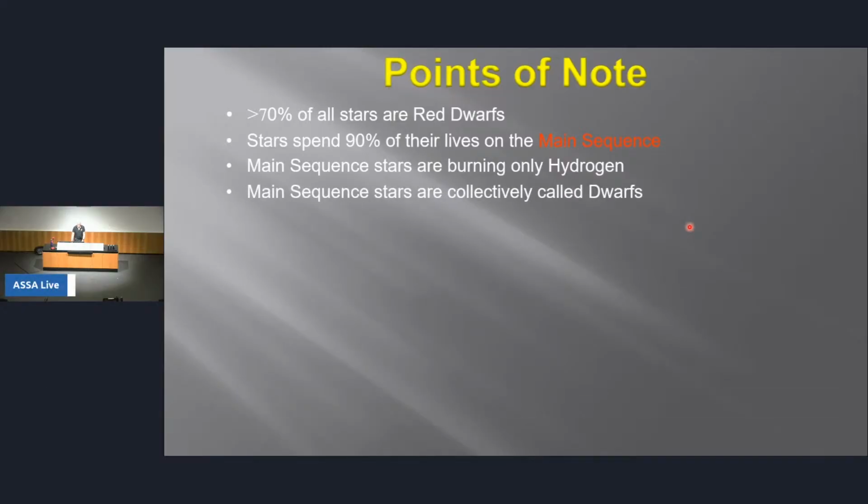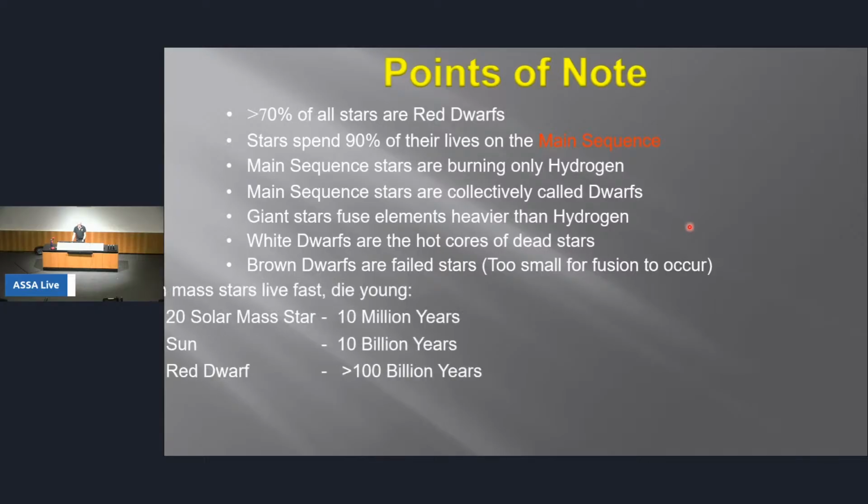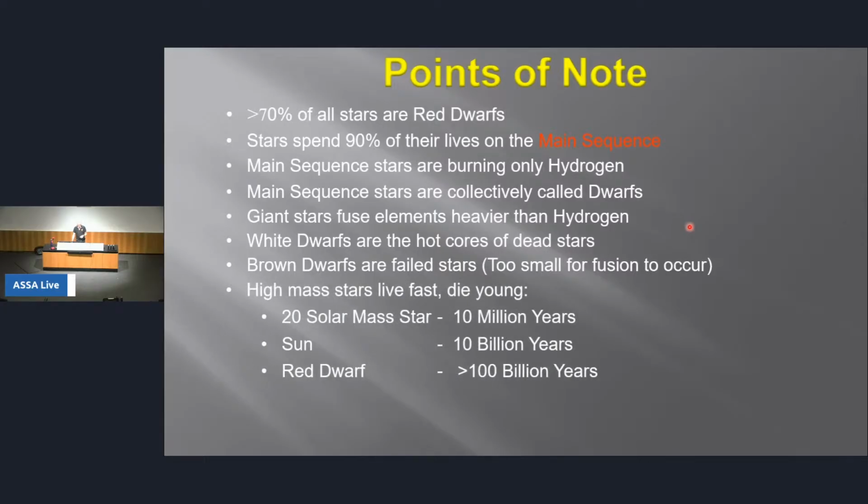Main sequence stars are collectively called dwarfs. And giant stars fuse elements heavier than hydrogen. White dwarfs are the hot cores of dead stars. Brown dwarfs are failed stars, so that means that they're too small for fusion to occur. And high mass stars live fast and die young.